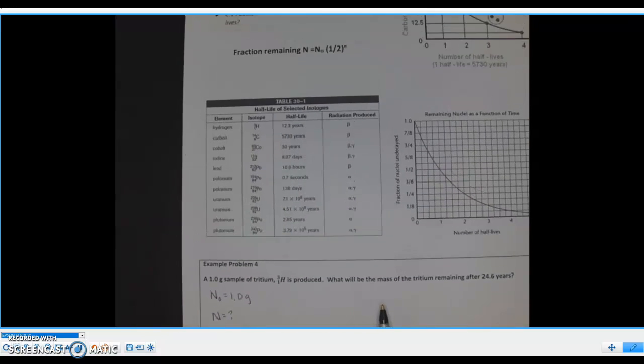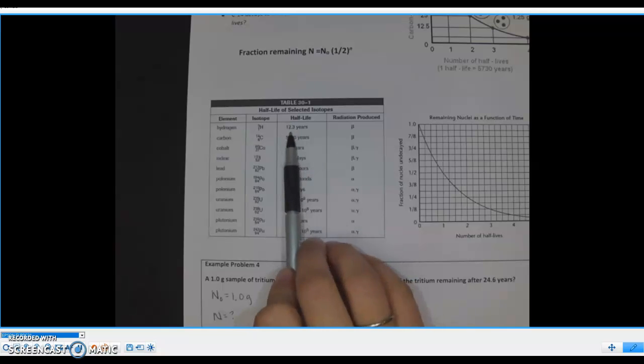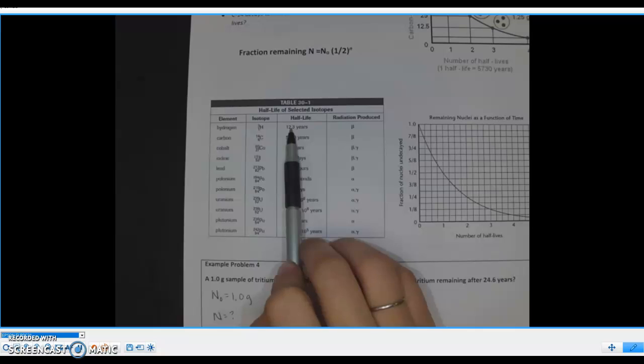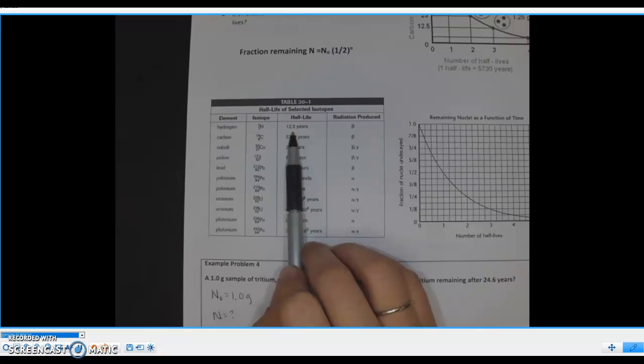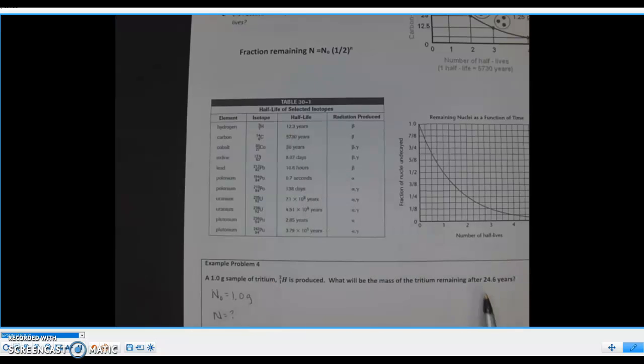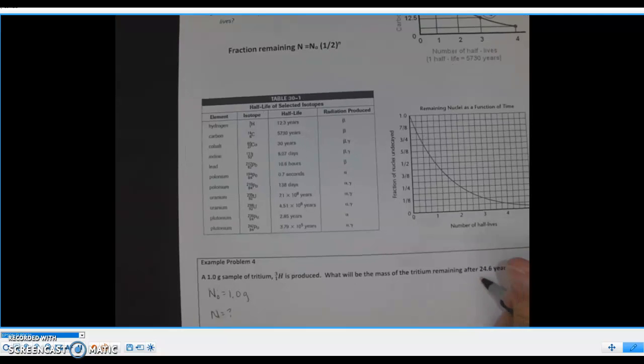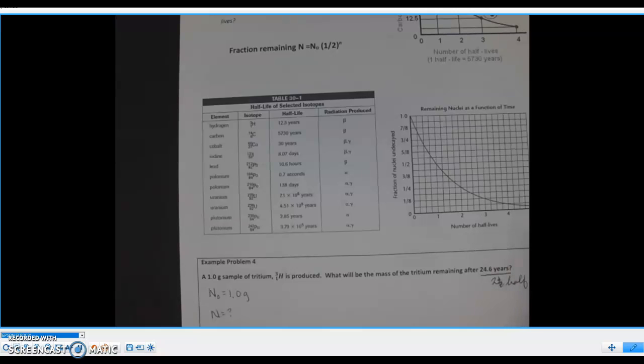So we need to know that half-life. Well, let's see. One half-life occurs in 12.3 years. So we go from 0 to 12.3, that's the first half-life. And then if we go from 12.3 to 24.6, that would be the second half-life. So that must mean that 2 half-lives occurred. Okay, wonderful.